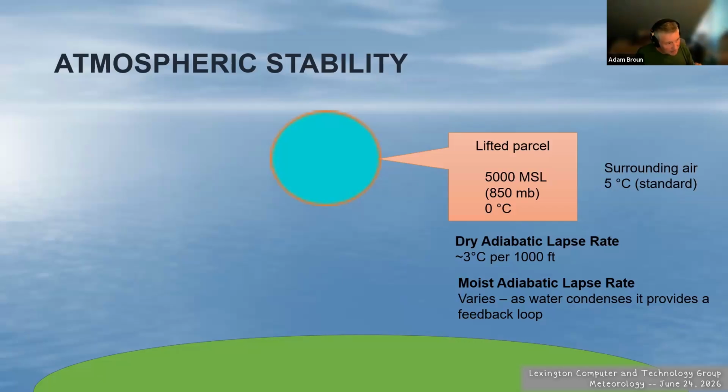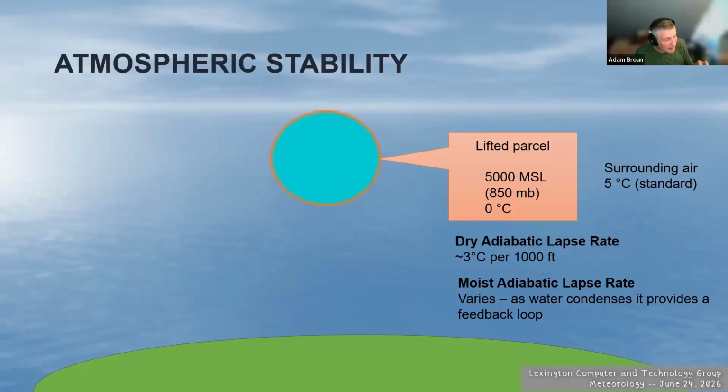The point is that the stability of the atmosphere is dependent on the environmental lapse rate. So in our standard atmosphere, this parcel of air is colder than the air around it, and it wants to sink. But let's say we have a day where the ground is really warm and it gets really cold fast as we lift that parcel up.